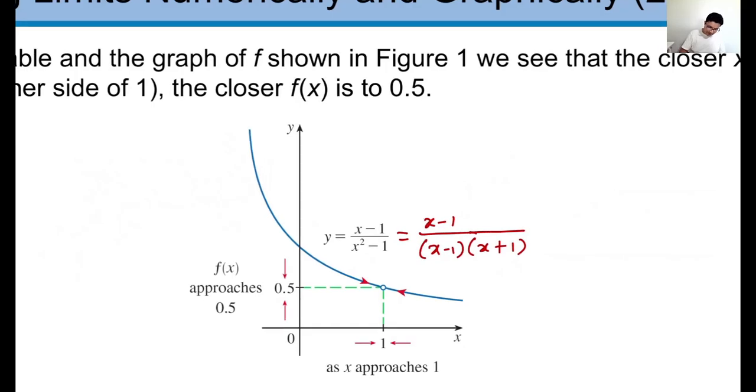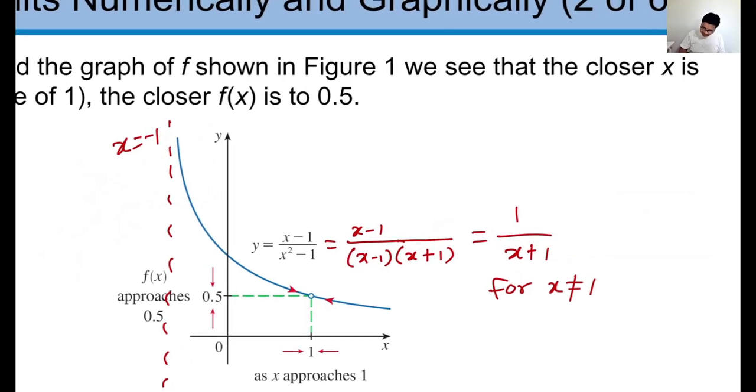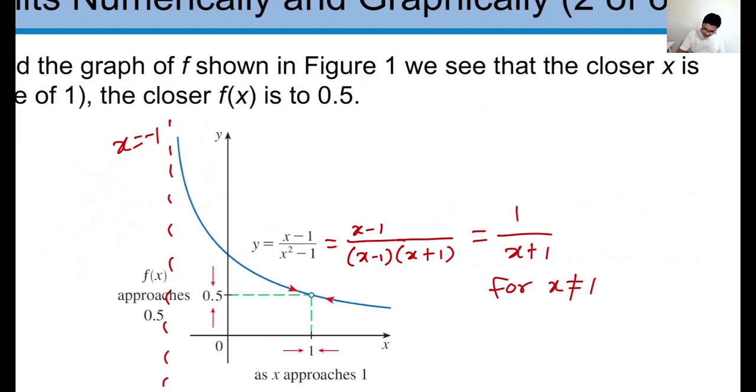This is the hyperbola, which is asymptotic to the line at x equals negative 1. This will be 1 over x plus 1 for x not equal to 1, right? X not equal to 1, and actually we should say and negative 1.